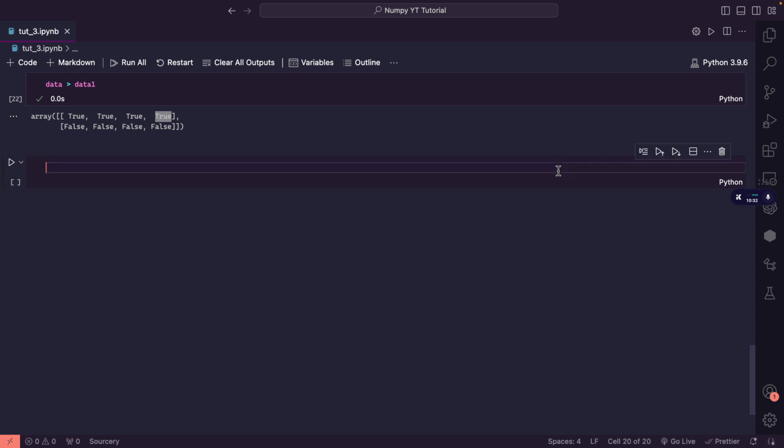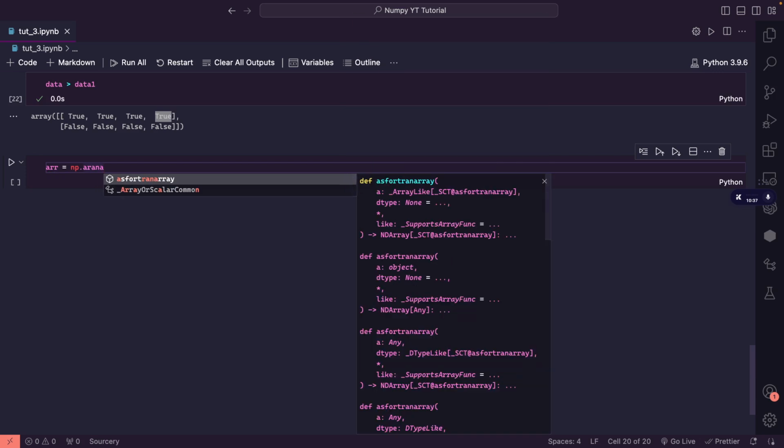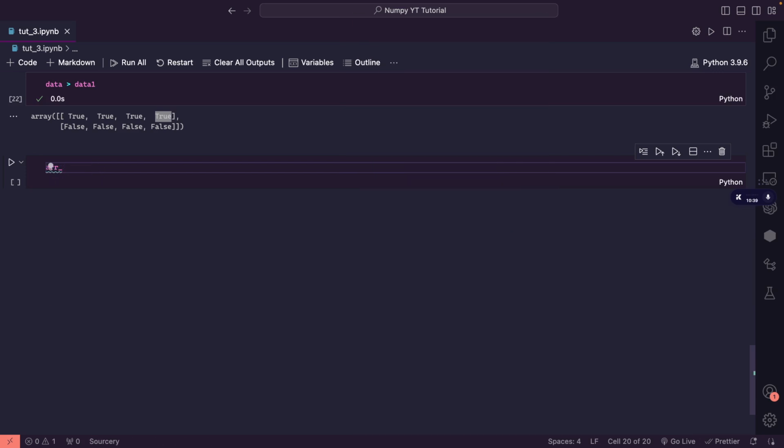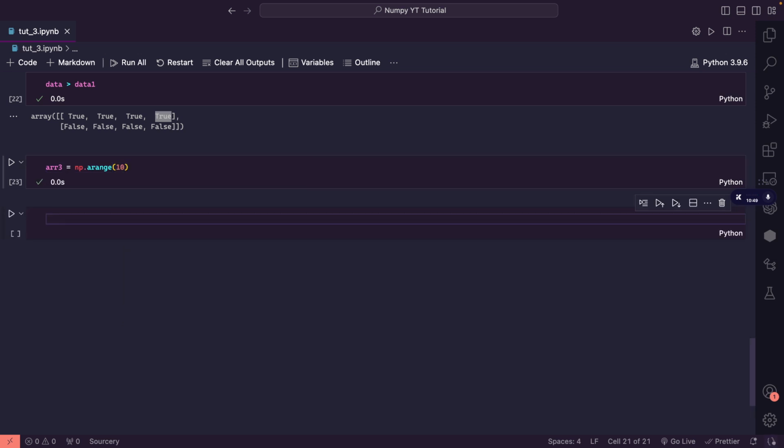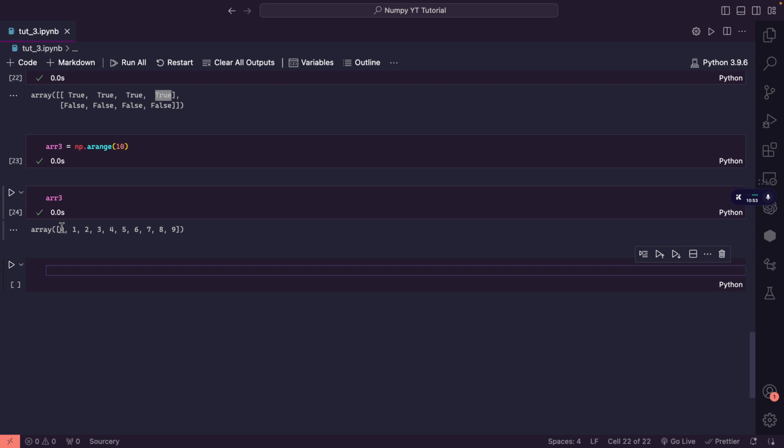For that, right now we will create another array, and we will give it 10. So we have an array in which we have 10 elements: 0 1 2 3 4 5 6 7 8 9.